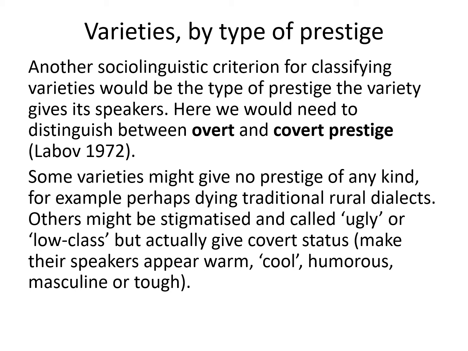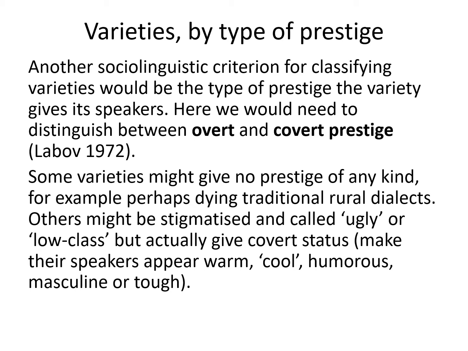And the second term, covert, means hidden prestige. Overt is clear, and covert is not clear. Apparently it's not clear, but there is also a feeling of prestige by using those varieties.